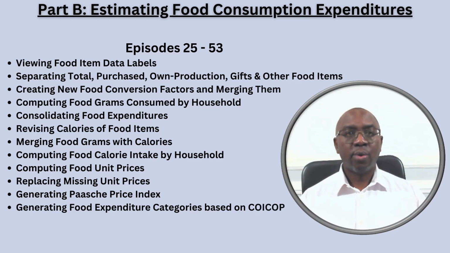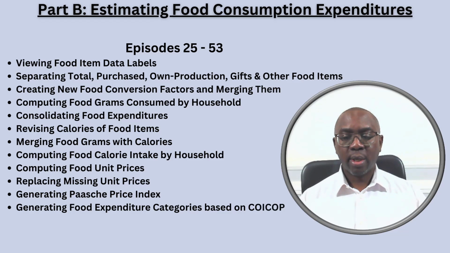Then also we're going to compute food grams, and then based on those conversion factors, we also look at the food grams, the total food grams that the household consumes. Then how do we consolidate these food expenditures, and we're also going to introduce you to calories that are also linked to the particular food items.